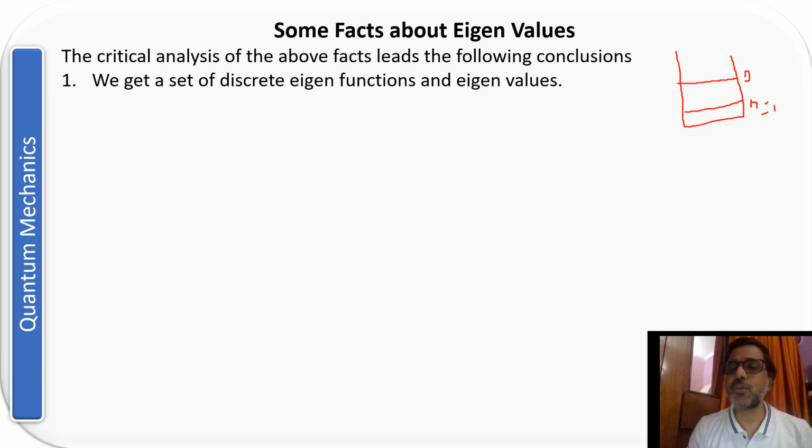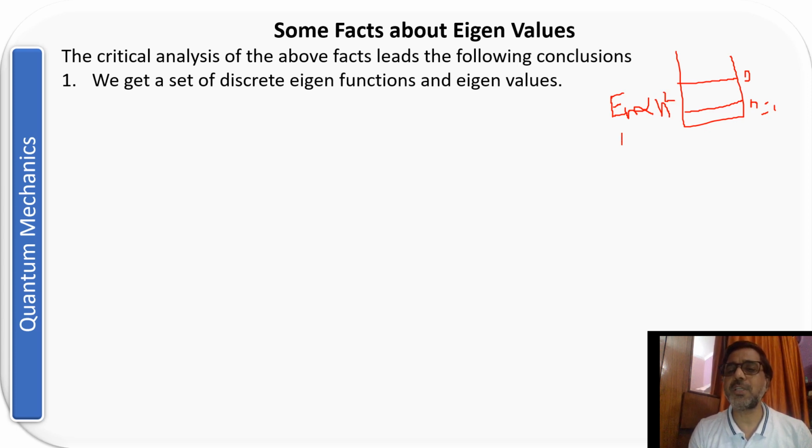Now here we had also seen that the energy is directly proportional to the square of the number of the energy state. So E_n is directly proportional to n squared. Let us suppose in the first energy state, E1, the energy is equal to E naught.